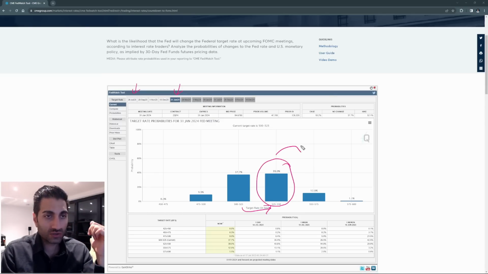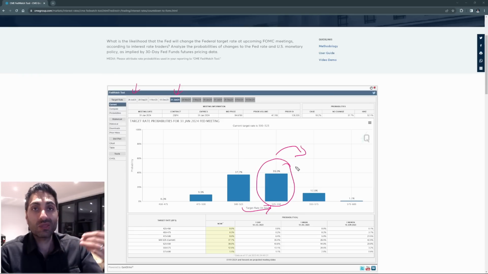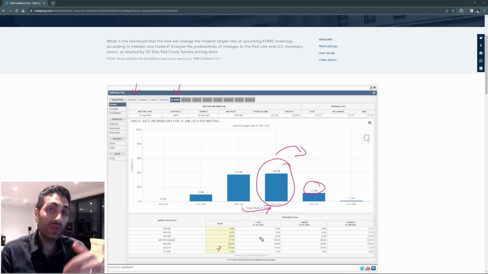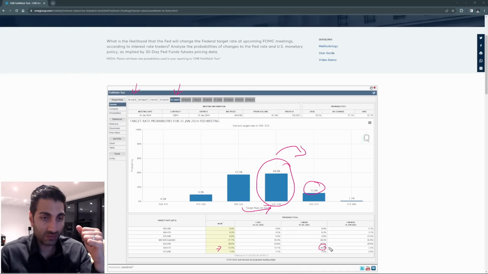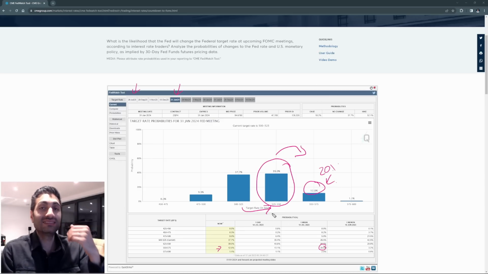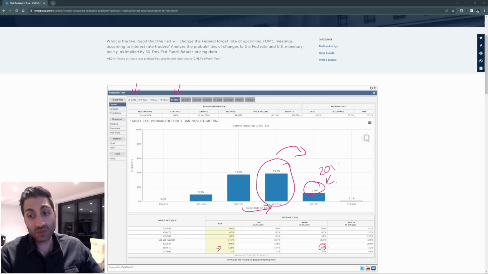What are the chances the market is giving to another rate hike after that? Very little, 12%, right? And the point is, a week ago, before the inflation data came out, it was 20%, okay? So that has dropped, and this is what has been driving the market a lot over the last week.